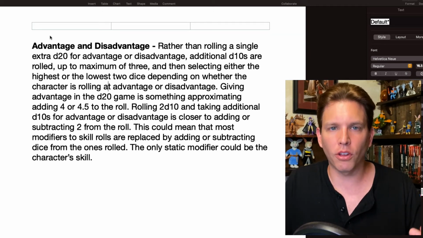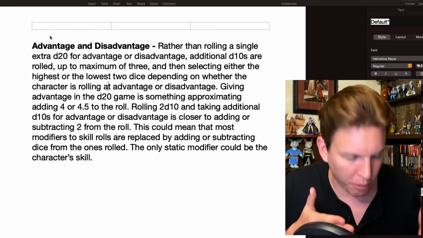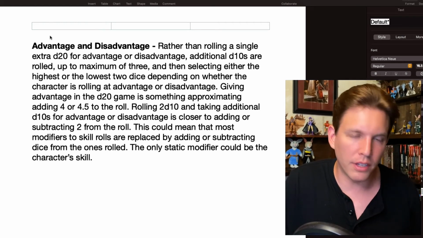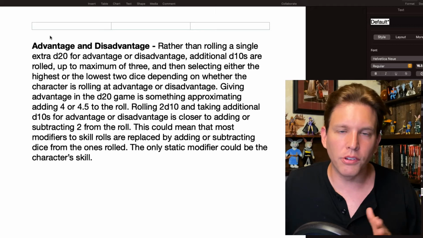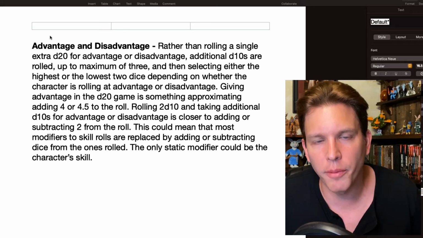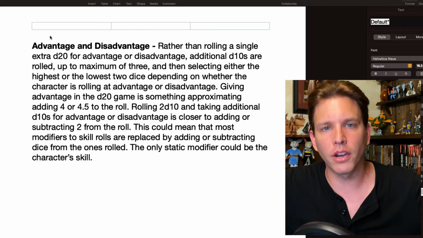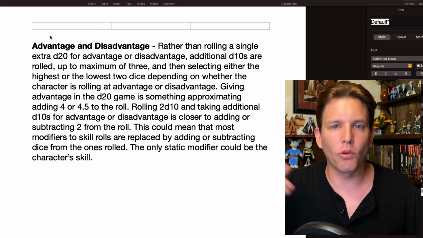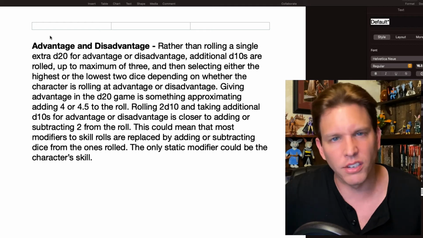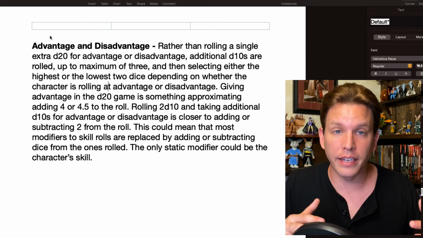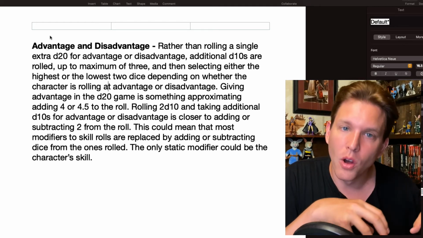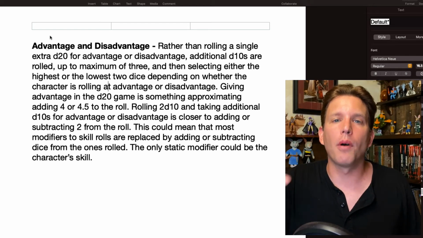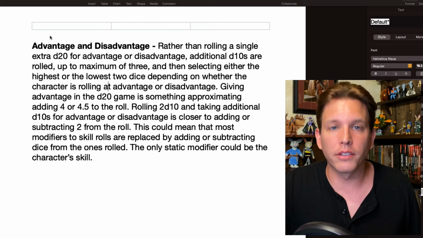Those must be things that are intrinsic to my character, and therefore they are things on my character sheet that I can see. What is it that might make this easier or more difficult for my character to accomplish? Those are things that are out there in the environment, in the world, and they will be handled by giving me bonus or penalty dice, advantage or disadvantage dice, whatever you want to call them. So I like that distinction. Bonuses come from what is intrinsic to the character and what is on your character sheet. The bonus and penalty dice come from things out there in the environment.